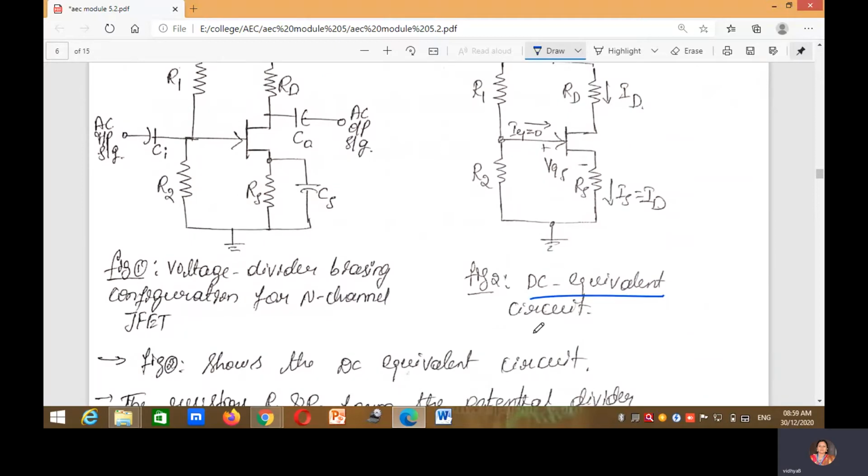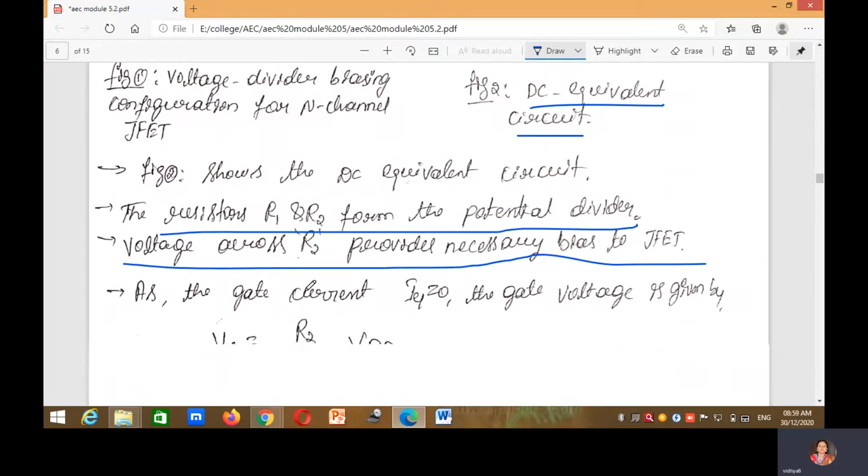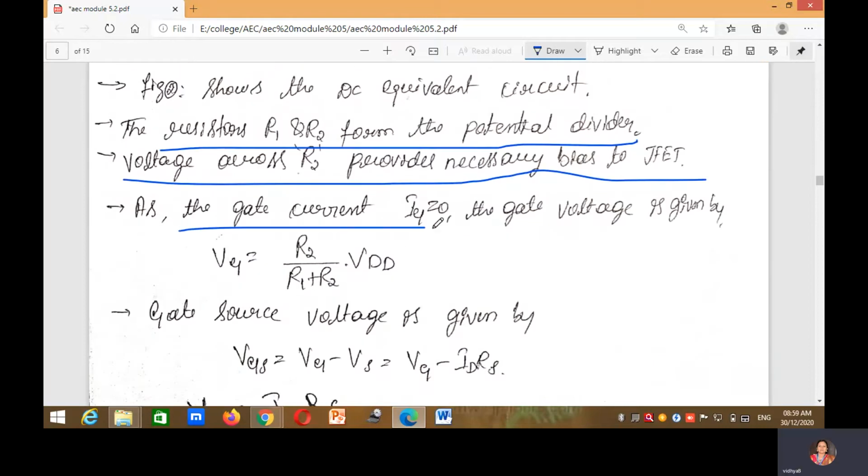This is the DC equivalent circuit of voltage divider bias. The resistors R1 and R2 form the potential divider, and the voltage across R2 provides the necessary bias to the JFET. As the gate current Ig is equal to 0, the gate voltage is given by Vg is equal to R2 divided by R1 plus R2 into VDD.